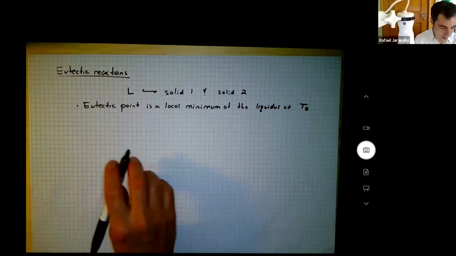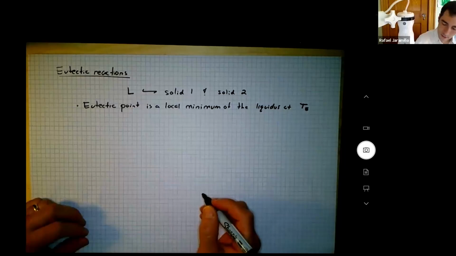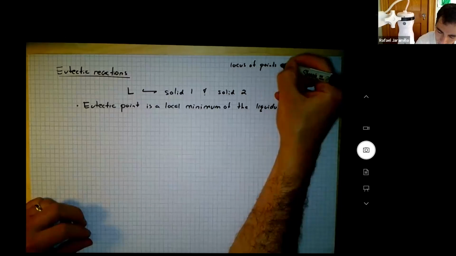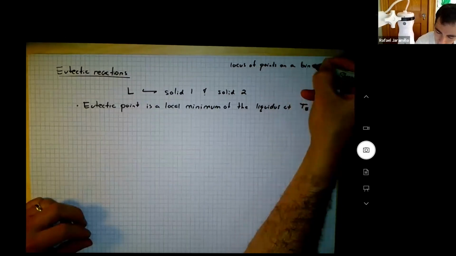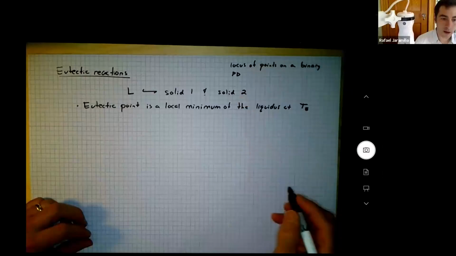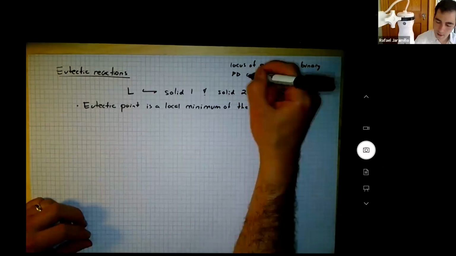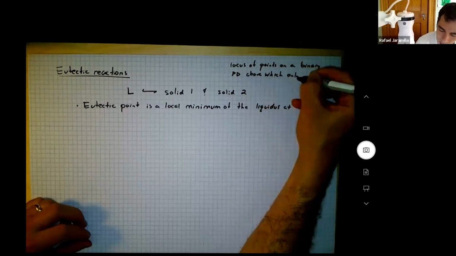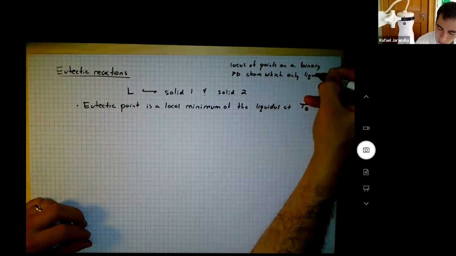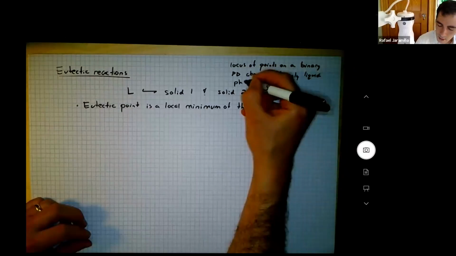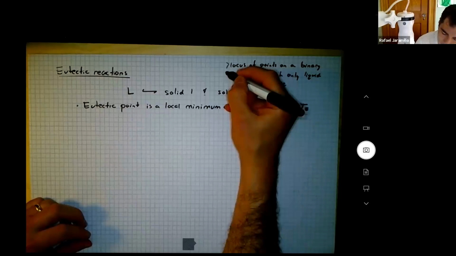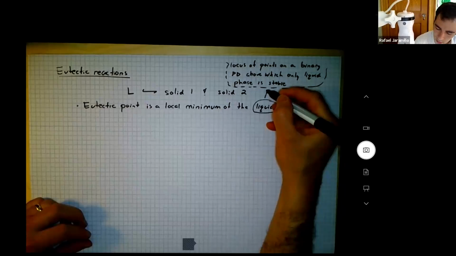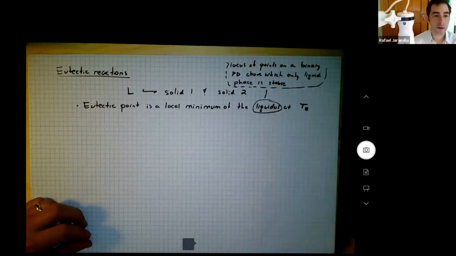The liquidus is the locus of points on a binary phase diagram above which only liquid phase is stable. That's the liquidus. All right, let's look at some phase diagrams.